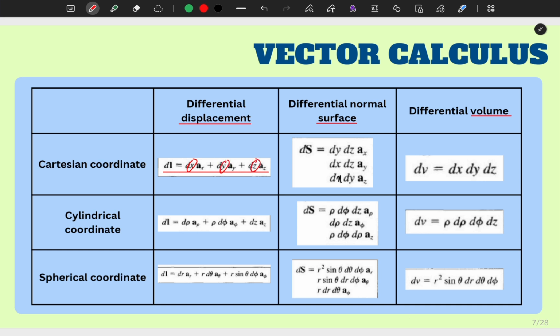Let's look at the differential normal surface for Cartesian coordinate, where I will take this as an example. For this one, it's only moving in the direction of y and also z. The x will equal 0, so that's why it is not written here, and that's why the vector is ax. Same goes with the cylindrical coordinates and also spherical coordinates.